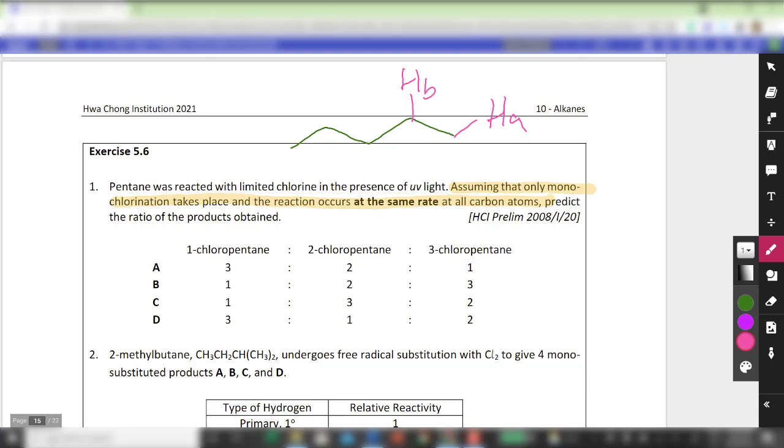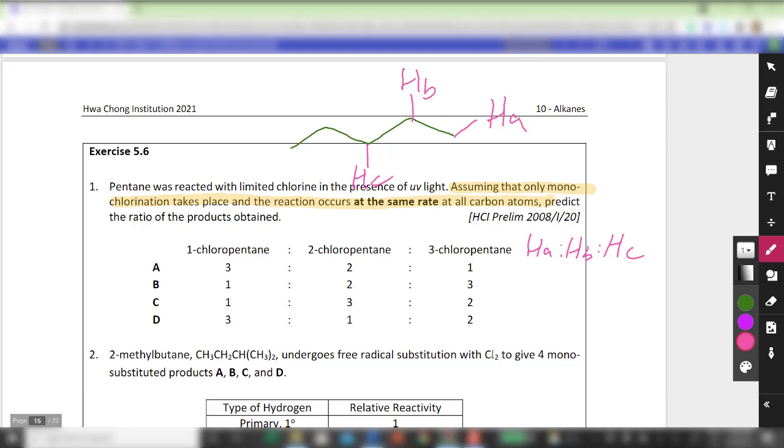And then HB will be different from HC. It might take you a little bit of time to appreciate why there are 3 unique H's, but you can look at it from a symmetry perspective, or from whatever perspective you are comfortable in.